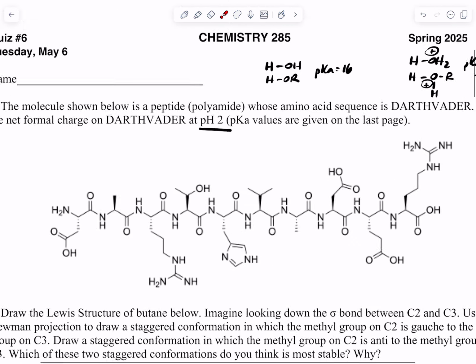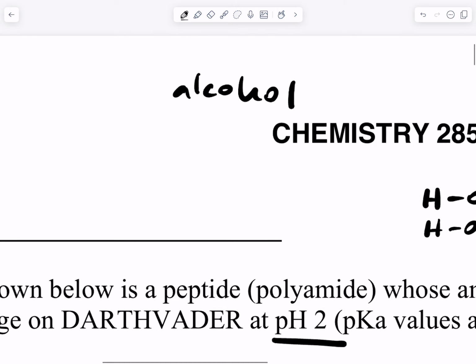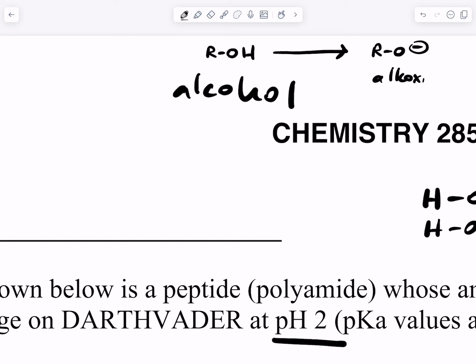Now you'll notice, as listed above, an alcohol, I'll try to draw this here, has a negatively charged conjugate base called the alkoxide, and that pKa that governs losing that proton is 16. But the alcohol also has a protonated form.